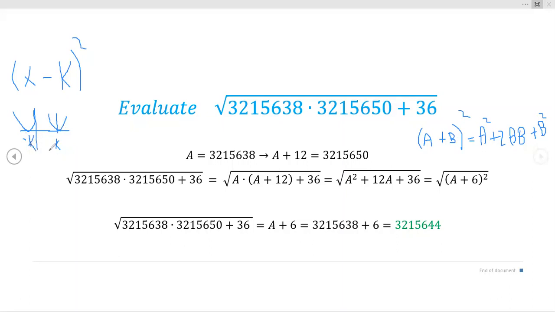This x equals k is referred to as the axis of symmetry. When you hear people bantering about symmetry, that's exactly what they're talking about. This is just a special case of a parabola, but x equals k is called the axis of symmetry. And if you get any kind of symmetry going on, you usually can exploit it for an easy solution to these type of problems.